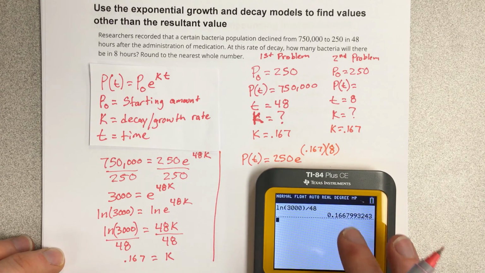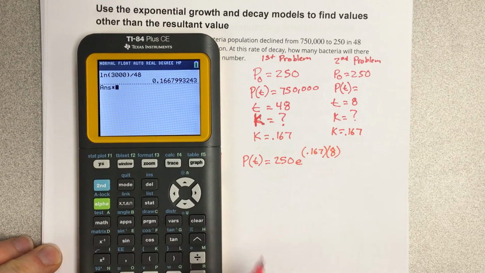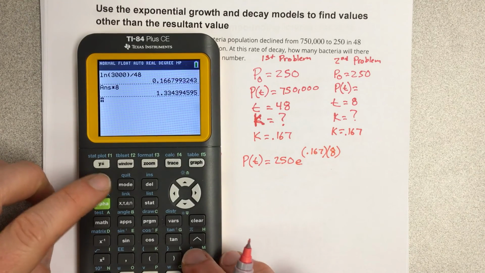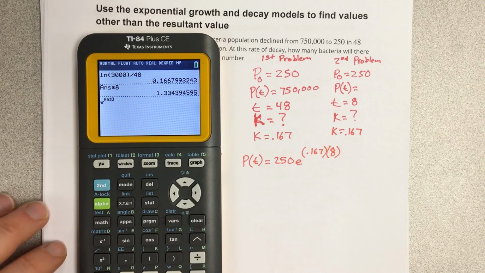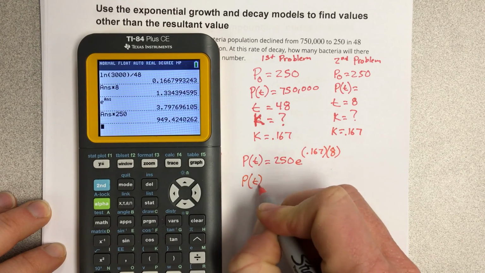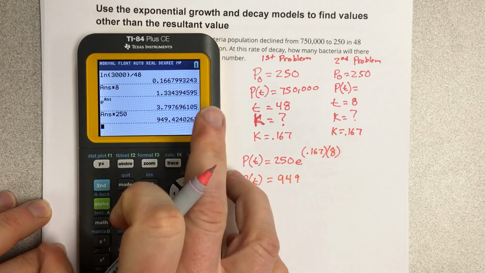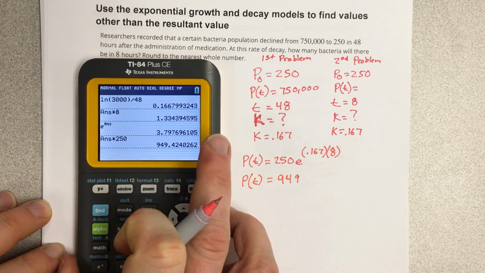I'll just use this value. So I'm going to put this up here and take it times 8 right away. And then I'm going to use the e button and take it to that answer. That way I'm making sure I'm using the whole number the whole time. And then take it times 250. And that tells me that my bacteria after 8 hours would be 949. And what do they say? Round to the nearest whole number. So 949.